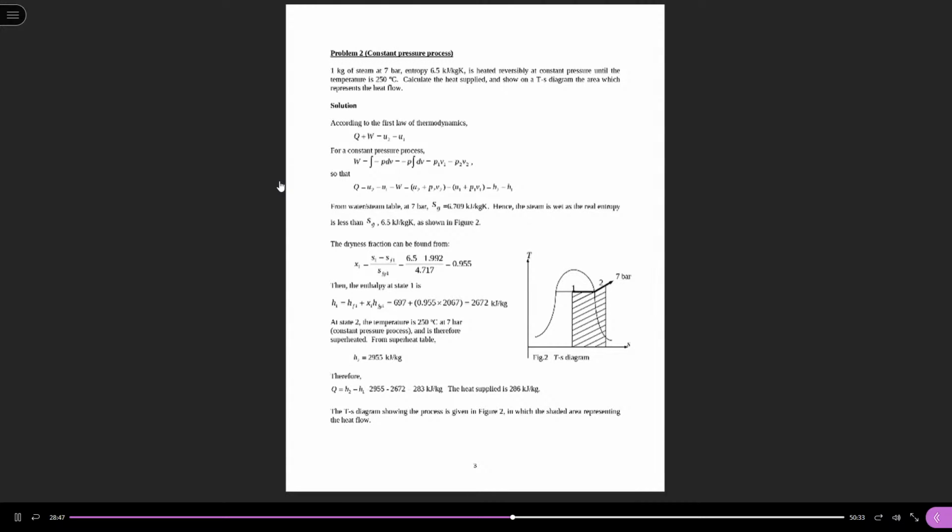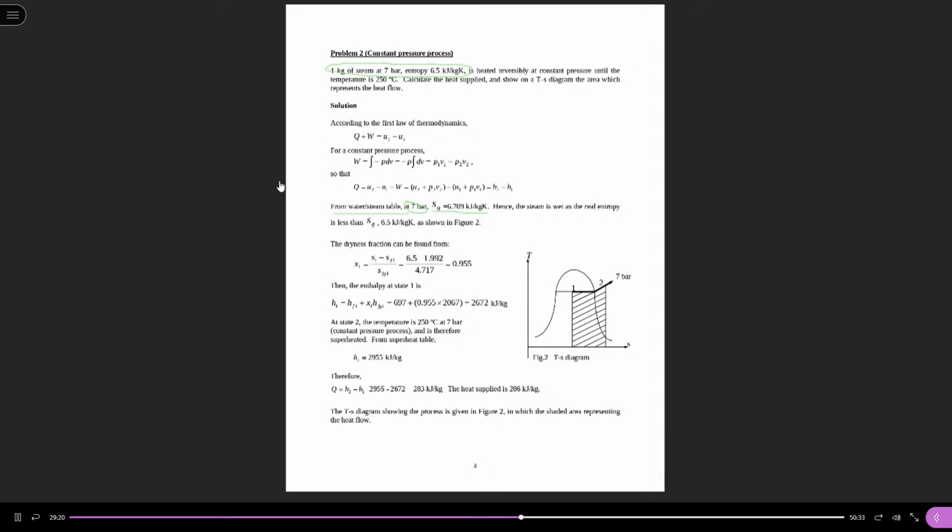Firstly, with the given conditions, we have 1 kilogram of steam at 7 bar, and we also know its entropy. So first from our water steam table, we found that at 7 bar, the specific entropy of dry vapor is 6.709.